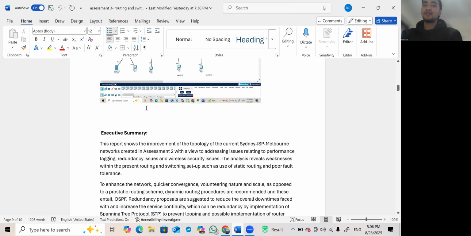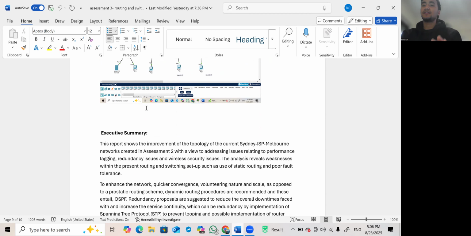In this assessment, we're going to do the redundancy strategy, trying to improve the network operation because they are facing some challenges in delays and communication.